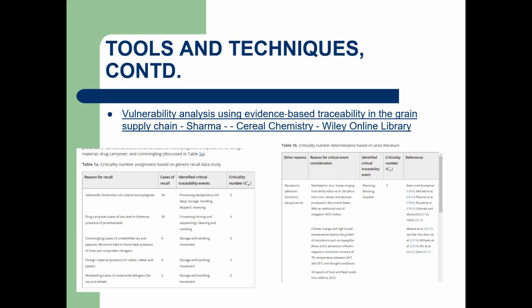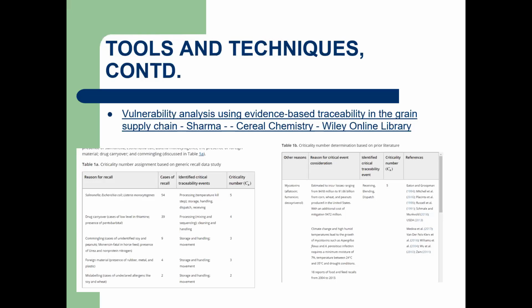Probably either there was a misrepresentation of the temperature kill step, or there had never been monitoring of temperature. There were lapses in storage and handling, and the dispatch container or carrier was too dirty for the products, and the product got directly exposed. Those were some of the reasons, and based upon those reasons, we identified the critical traceability events could be processing, storage, handling, dispatch, and maybe receiving.